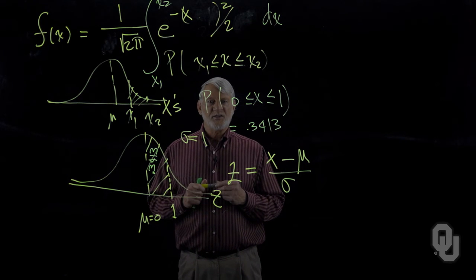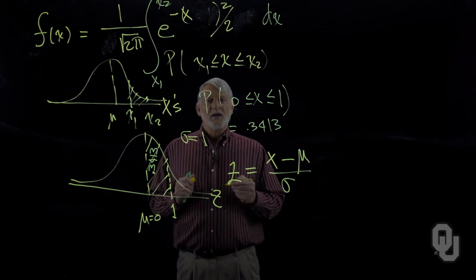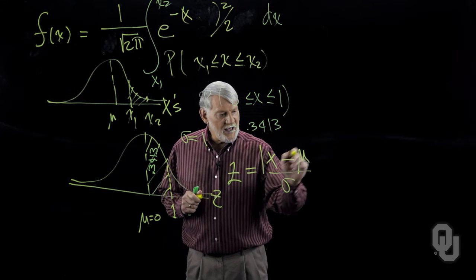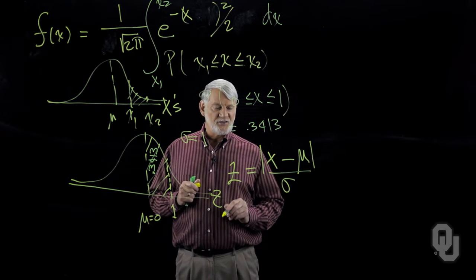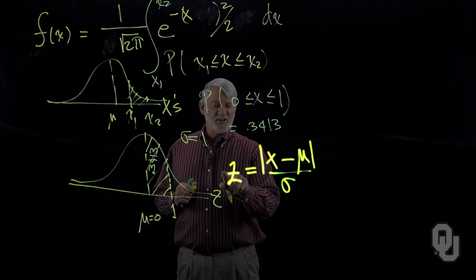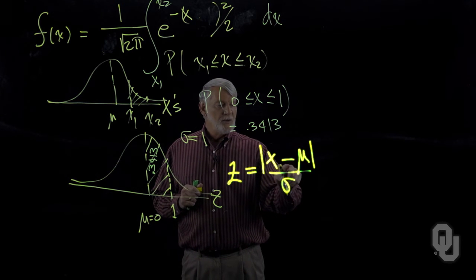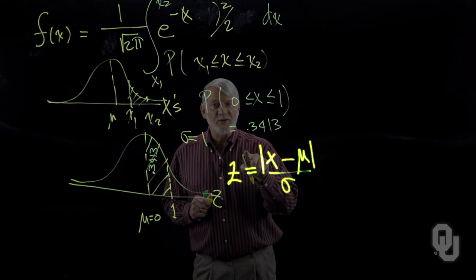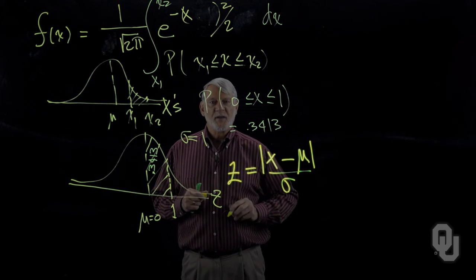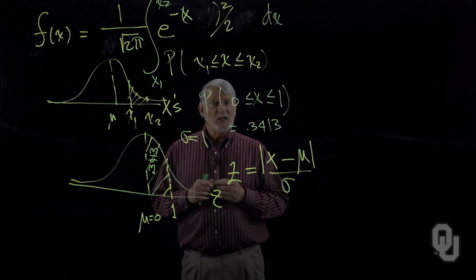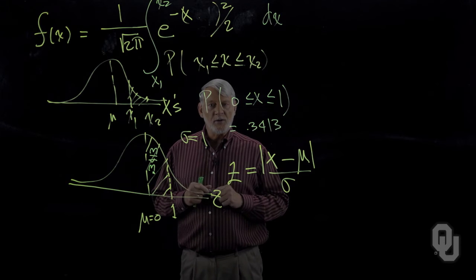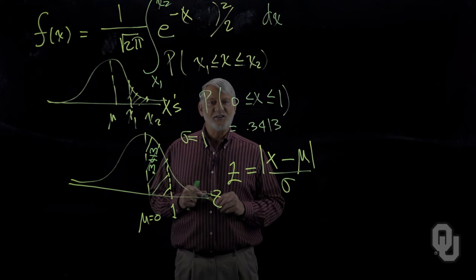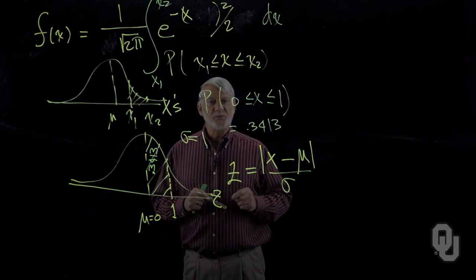And because of this symmetry, the formula for standardization is often written like this: z equals the absolute value of x minus mu, divided by sigma. What the standardizing formula is really doing is computing the number of standard deviations x is from the mean of its own distribution.